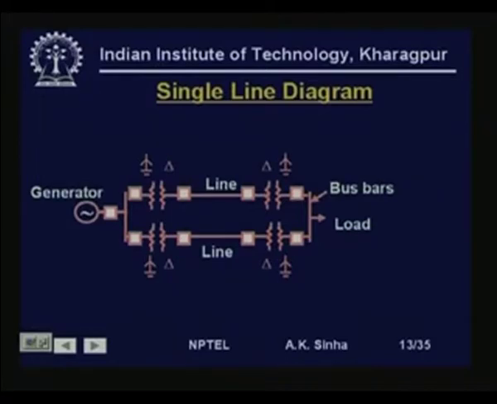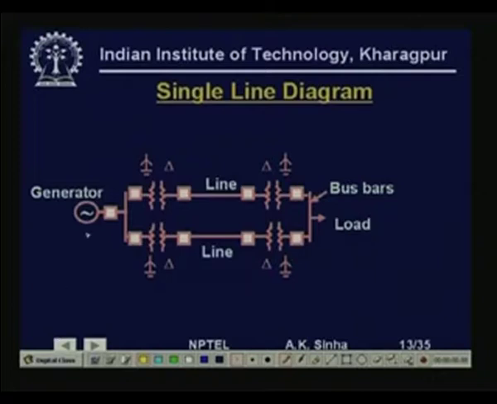Now, here for an example I am showing you a single line diagram of a power system. In this diagram you see we have a generator, we have circuit breakers, then we have a bus bar which is connecting this generator to various transformers. We have transformers connected to the bus bar through circuit breakers.